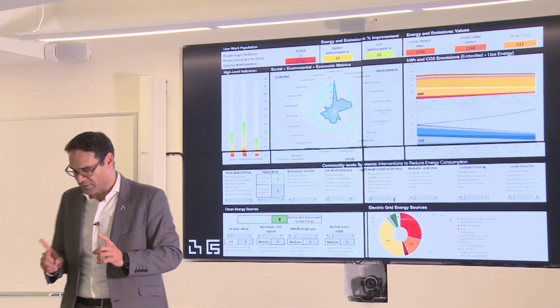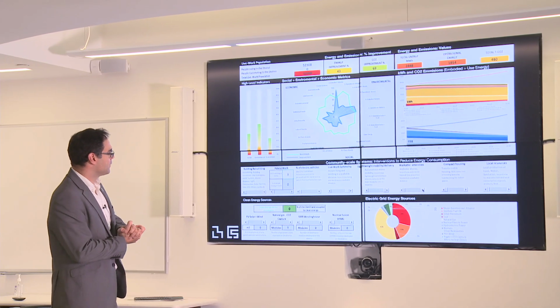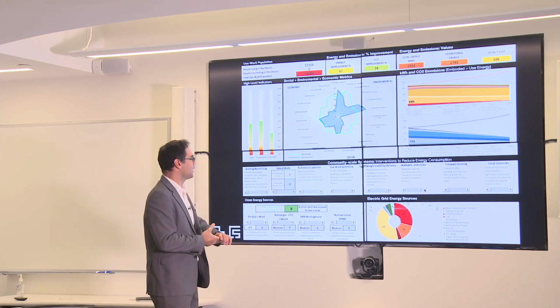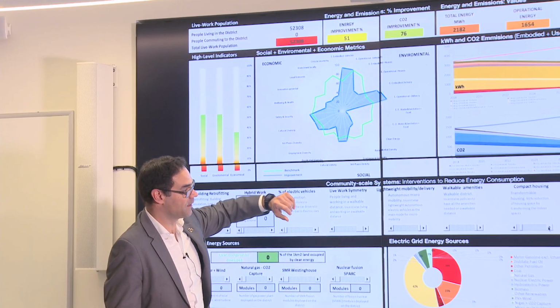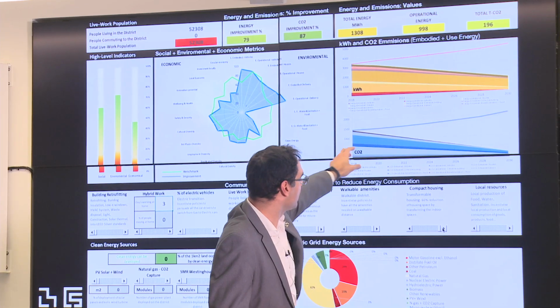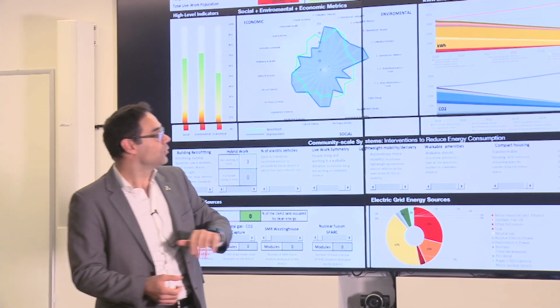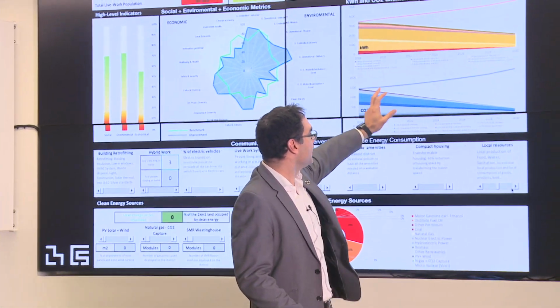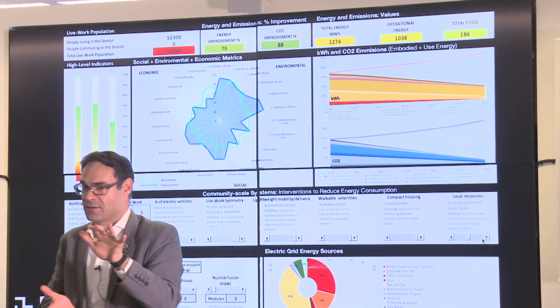Today, we have to decide if we are going to use this or another model. But at the end of the day, in this model, what we have is the traditional radar that I was explaining before, but also you have the kilowatt hours that you can consume and the CO2 emissions, because with some policies you could reduce the CO2 emissions but keep the kilowatt hours.